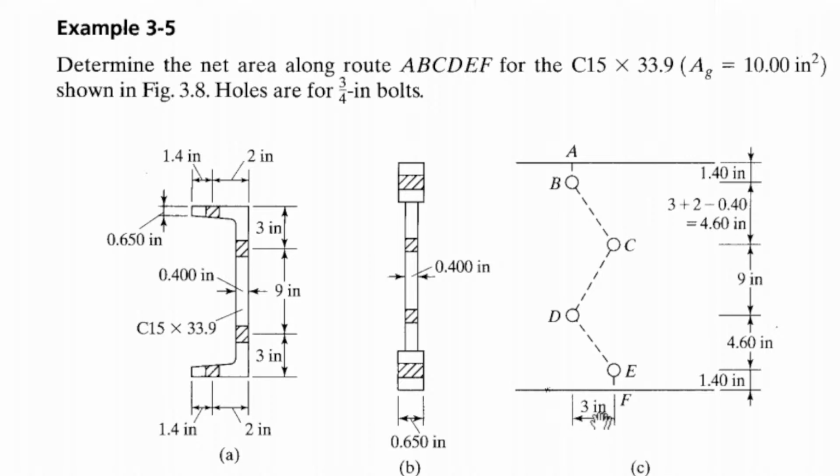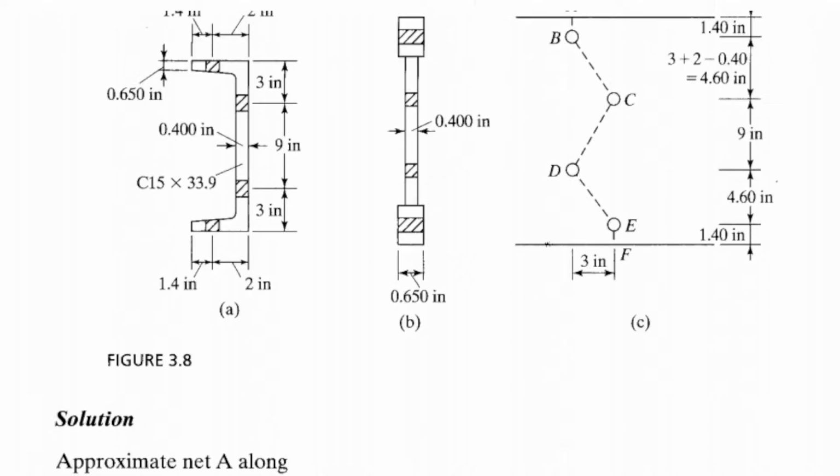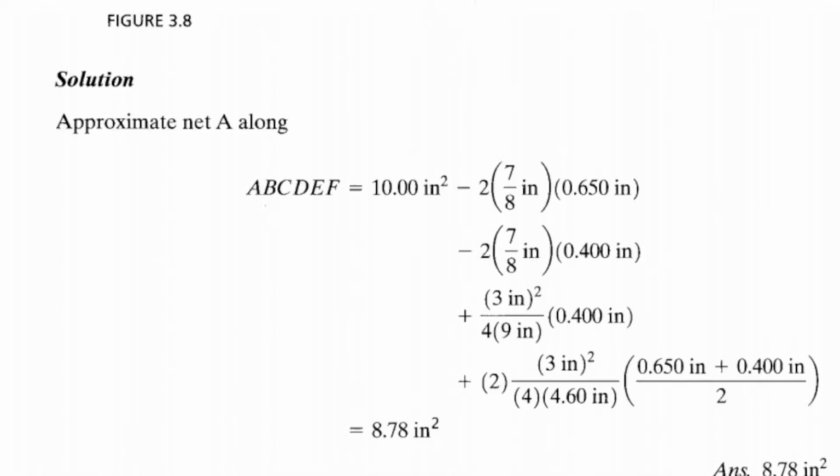S is 3 and G, there are two different values, either 4.6 or 9, because this diagonal, this is 9. The gauge distance is 4.6, 9, and 4.6. Okay, so let us move on to the solution.